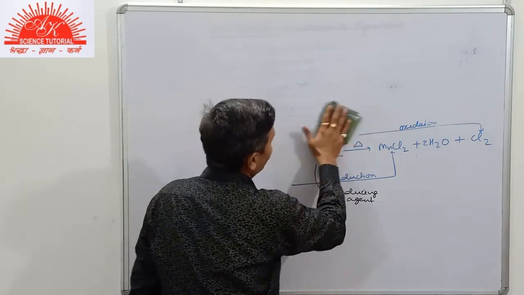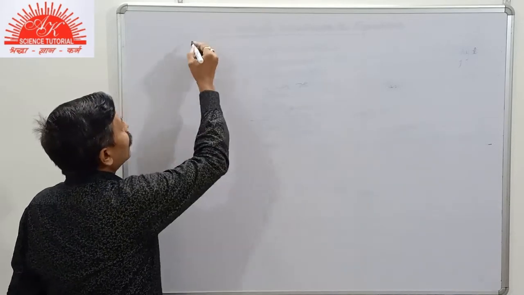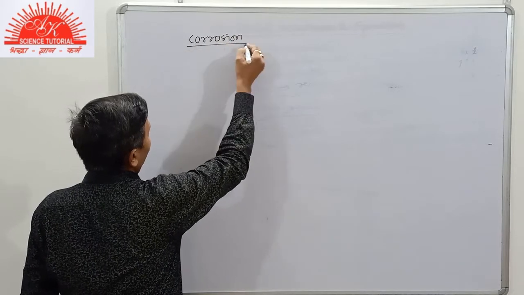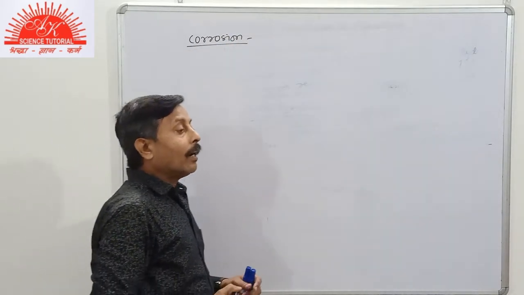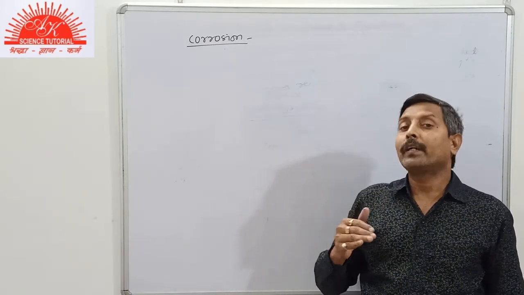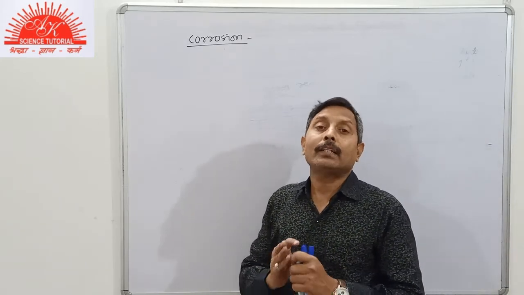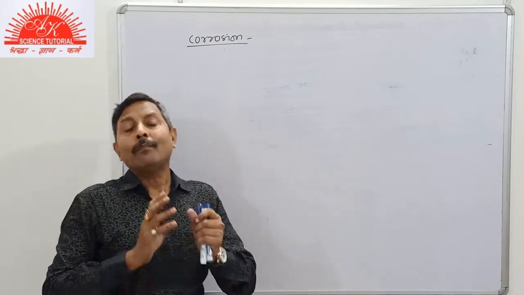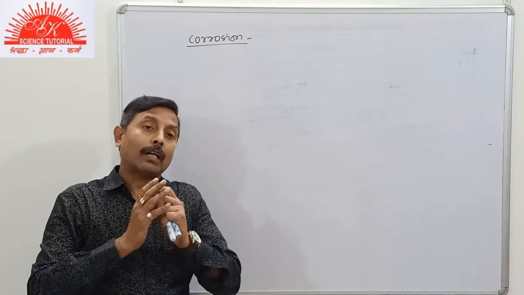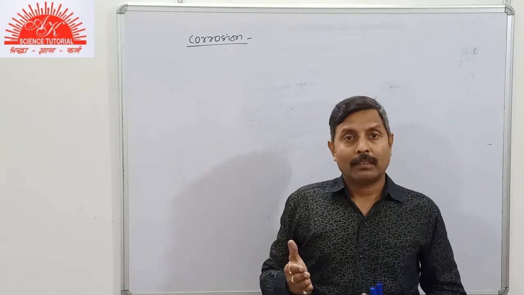Now student, in the next part we have to study corrosion. What is corrosion? In general, in daily life we hear about it. According to the definition, when metal articles, active metals, are exposed to air or other chemicals in our surrounding, then they react.